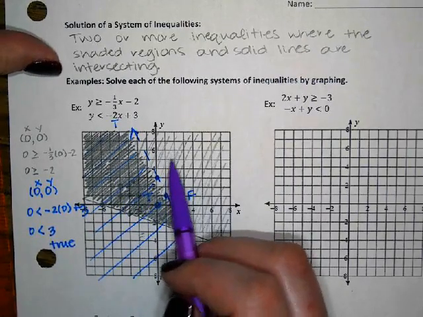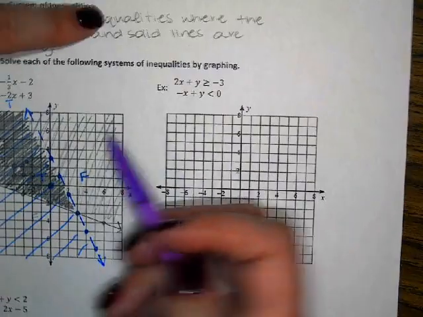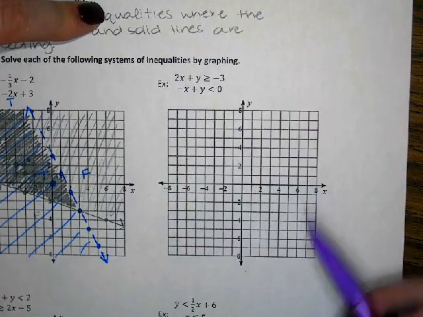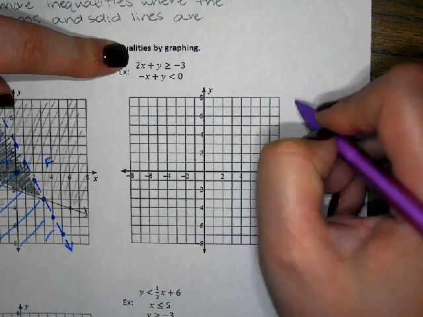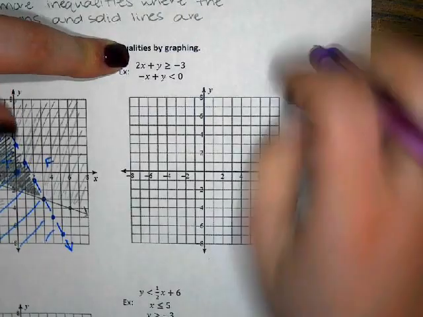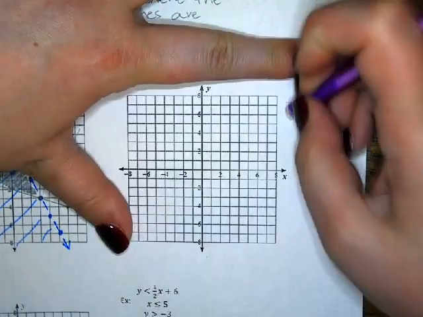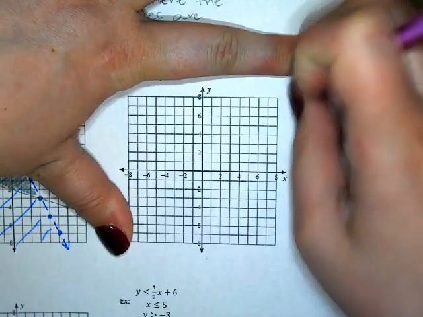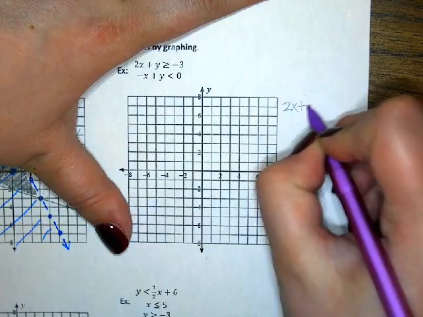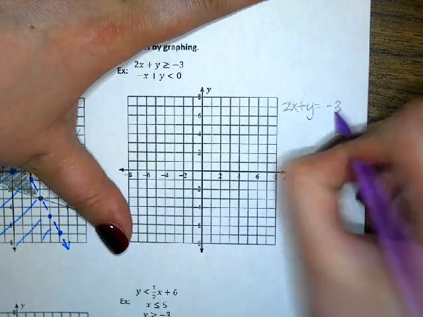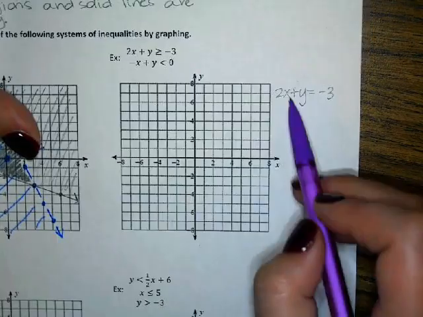So this one has equations that need to be rewritten so we can graph them. So I'm going to write positive 2x plus y equals -3. 2x plus y equals -3. And then what do we have to do so that we can graph this?